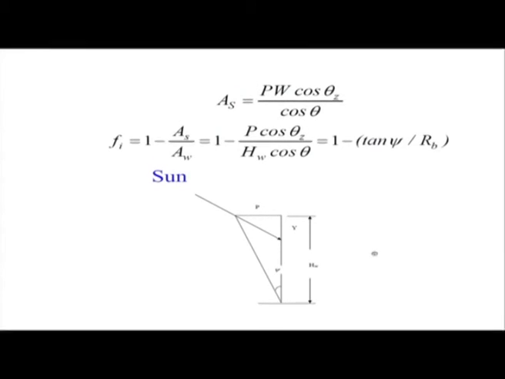So, Fi instantaneous can be obtained with simple geometry using the previous relation for y: Fi is equal to 1 minus tan psi by Rb, where psi is the angle of the plane joining the edge of the overhang to the base of the window.